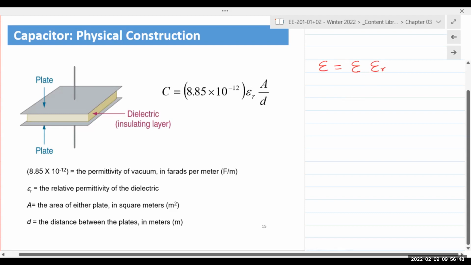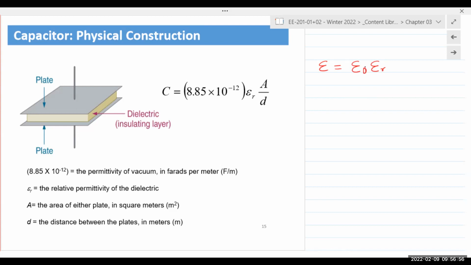Actually, that should be 0, not O. Epsilon 0 and epsilon R. Epsilon 0 is the permittivity of vacuum. Epsilon R is the relative permittivity of the insulating material relative to vacuum. Okay. So epsilon 0 and epsilon R are both constants depending on what material we use.